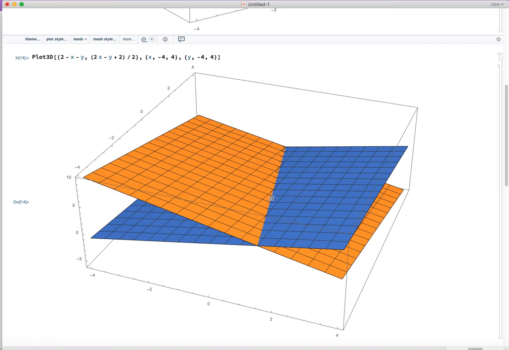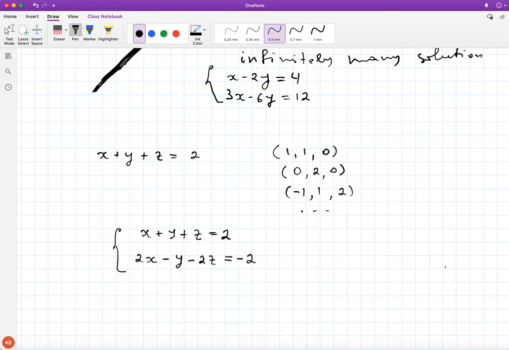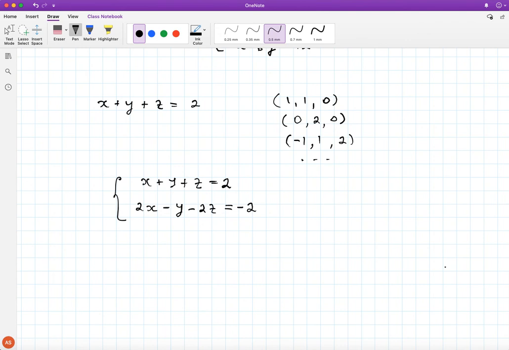Since there are infinitely many points on this line, we see that our system of 2 equations and 3 unknowns in this particular case has infinitely many solutions, and so it is a dependent system. And let's find some of these solutions algebraically. So I'm going to write here that this is a dependent system.